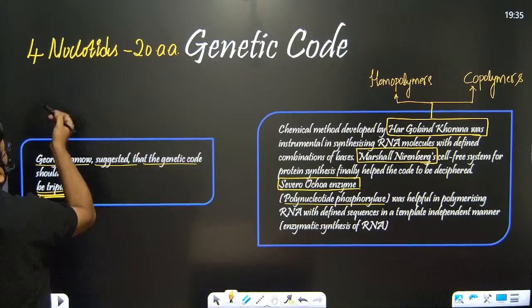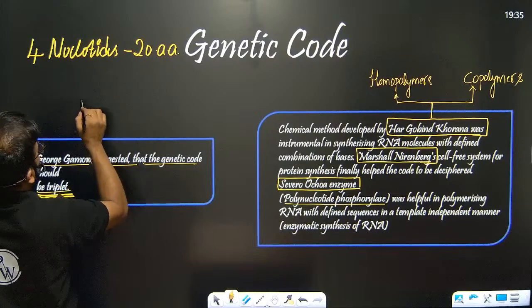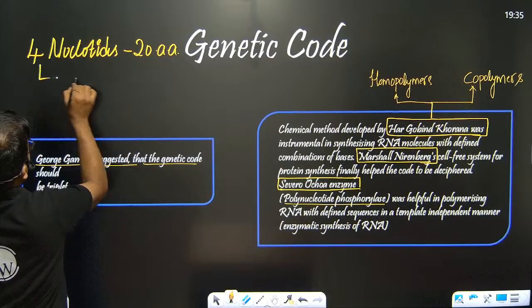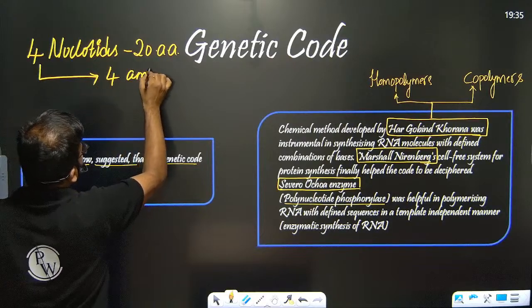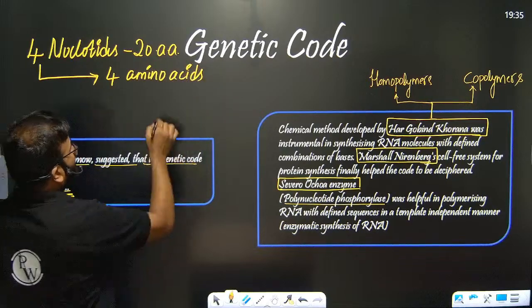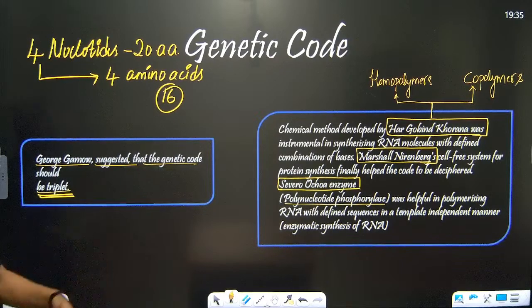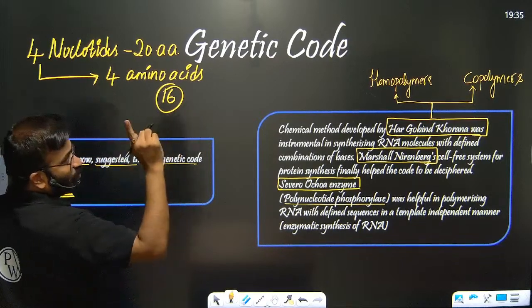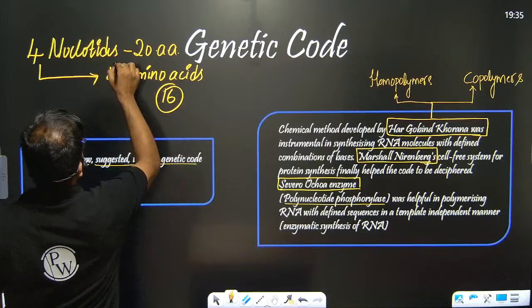If each nucleotide codes for 1 amino acid, with these 4 nucleotides I can code only for 4 amino acids. So how many are left over? I can't code for 16. So genetic code can be anything, but it can't be 1 nucleotide. So this is ruled out.